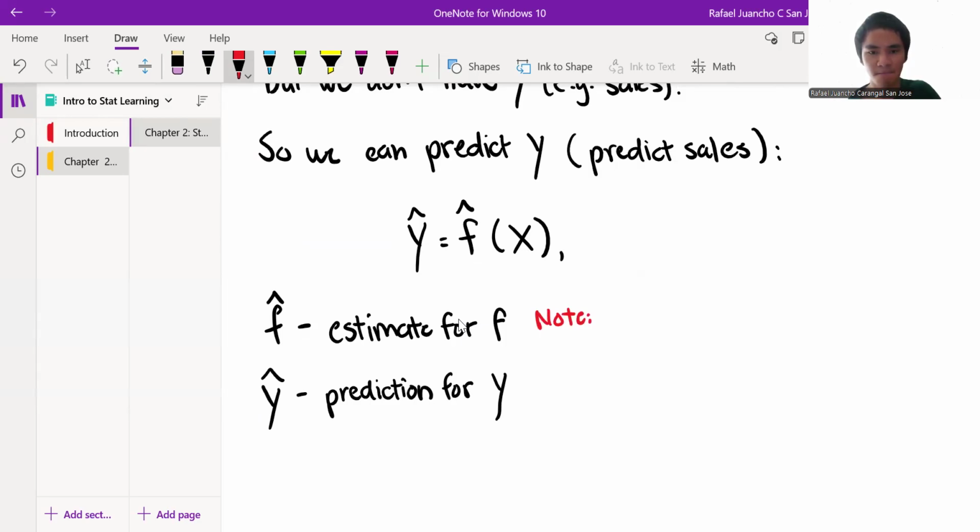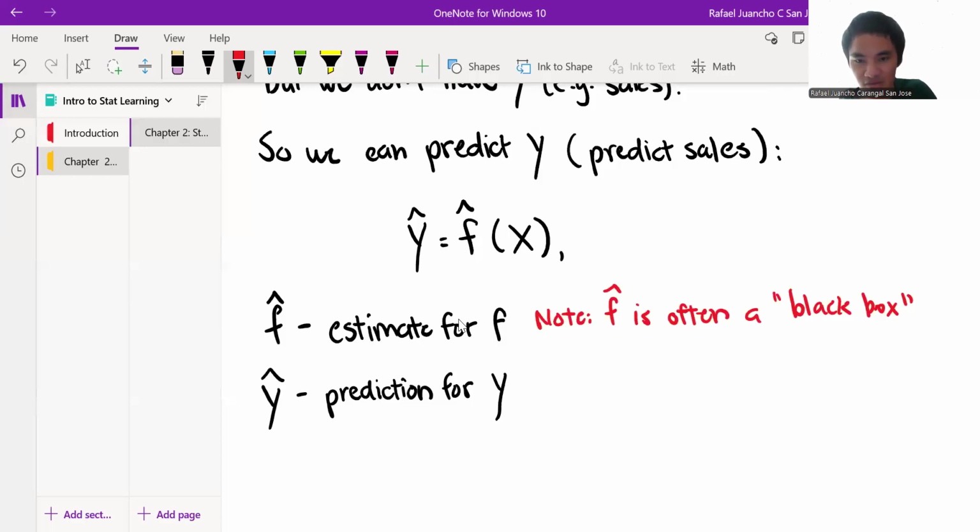So this is often what we call a black box. Why do we say it's a black box? Because we don't know its exact form, right? We don't know its exact form, but it yields accurate predictions.